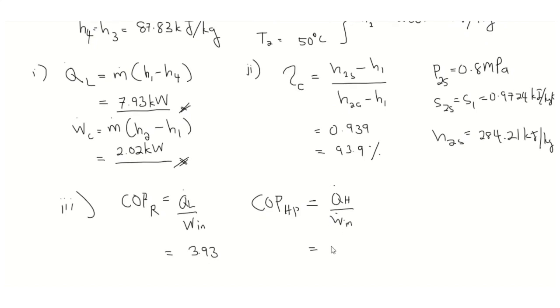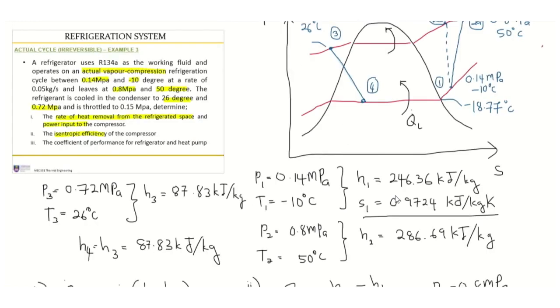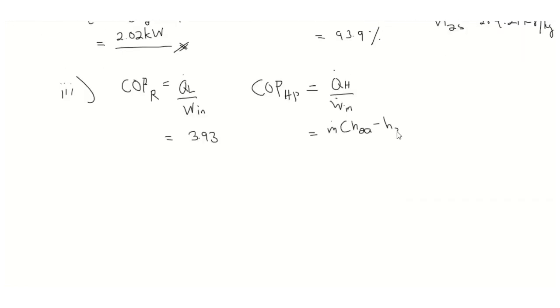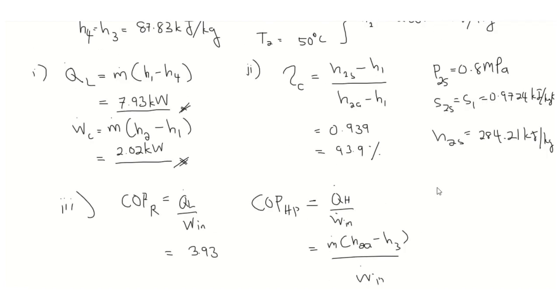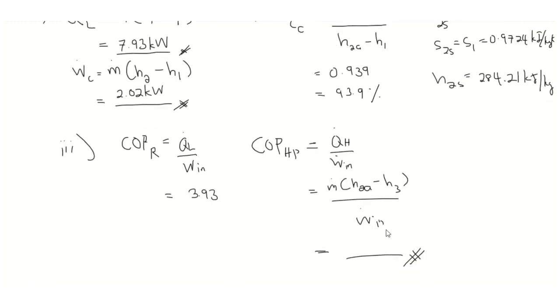How to calculate this one is m dot (H2A minus H3), divided by work dot in. I don't have the value here, so we just need to calculate it: m dot multiplied by (H2A minus H3) divided by work dot in.